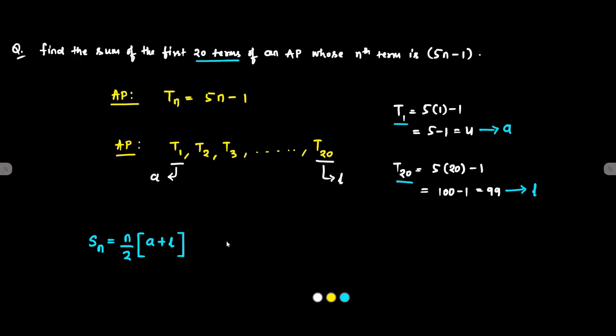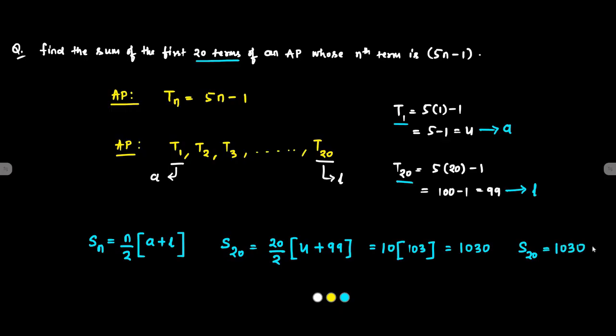So if we put the values here, we can find out the sum of the first 20 terms, which is equal to 20 by 2 into the first term 4 plus the last term, the 20th term, which is 99, which is equal to 10 into 103, which is equal to 1030. This is the sum of the first 20 terms of the AP.